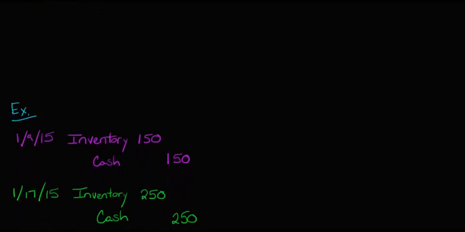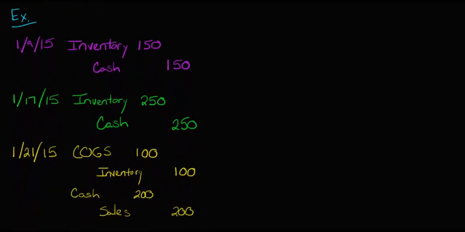So let's say we had an organization, and we were selling inventory, and we're trying to keep track of what our inventory level is at a particular point in time. Let's say today we ask, where's our inventory at? So we can look at our past journal entries.